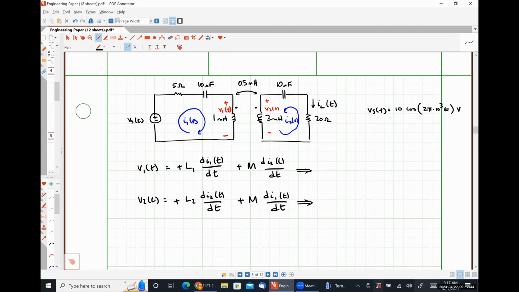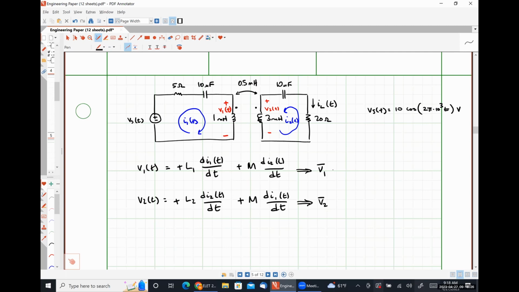Let's talk about what these are going to look like in the frequency domain. I'm going to have some frequency domain voltage V1 and some frequency domain voltage V2. The voltage drop across my inductor 1 is L1 times the derivative of my current with respect to time. In the frequency domain, the derivative operation is simply multiplying by j omega. We talked about that earlier when we went through our frequency domain relationships.